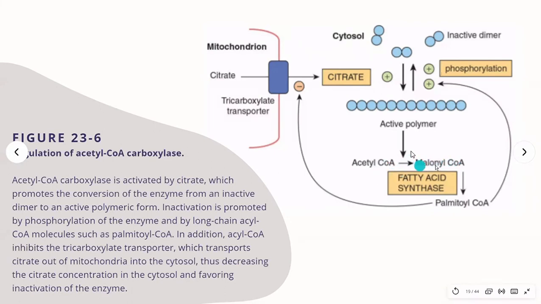Malonyl-CoA reacts with another acetyl-CoA, and then they join together, remove one carbon in the form of carbon dioxide, then you will have 4 carbons. That's the starting. Then to that 4 carbons, you add malonyl-CoA again, that makes it 7. But then you remove carbon dioxide, it becomes 6.